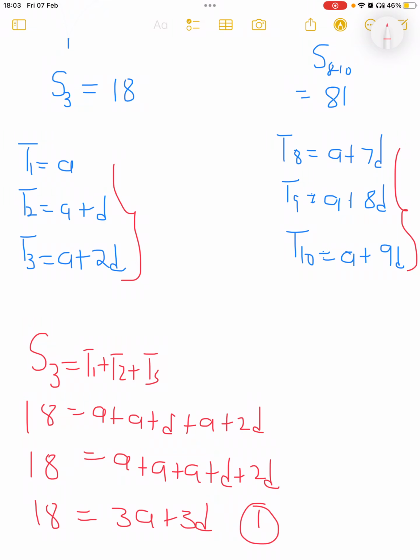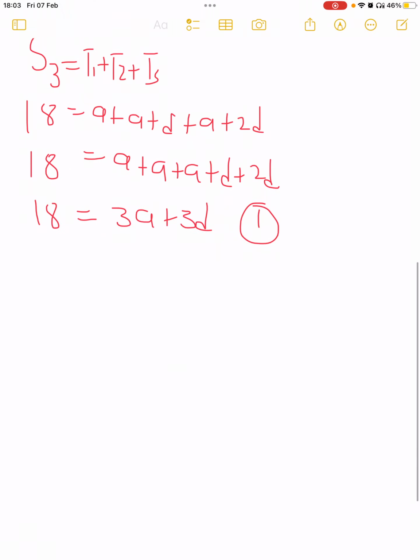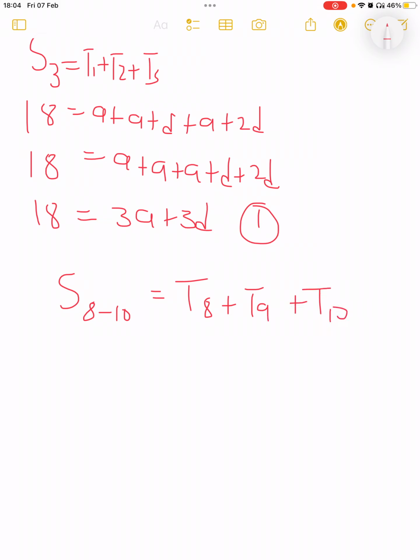Then we add the last three terms. Now the last three terms are given by the sum of term 8 up to 10, which is T8 plus T9 plus T10. Now the value of the sum of the last three terms is equal to 81. Now T8 is given by A plus 7D. T9 is A plus 8D.